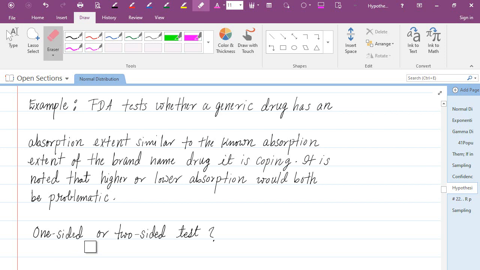Should we do a one-sided or a two-sided test here? Clearly, we should be doing a two-sided test because both higher and lower absorption would be problematic.